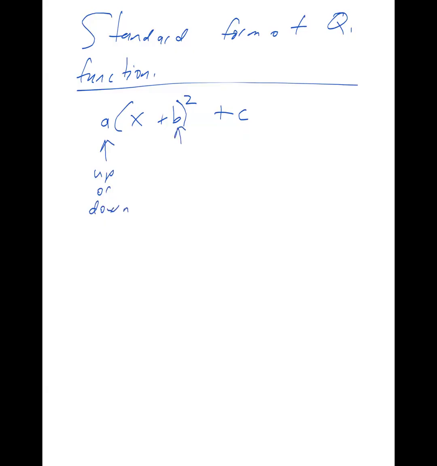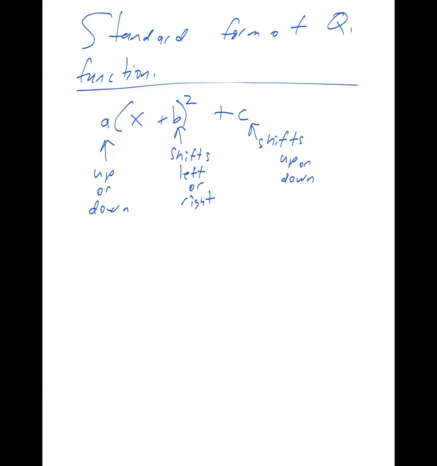The number b, we've learned this at some point before, shifts it either left or right. And then the last one, c, shifts it up or down.